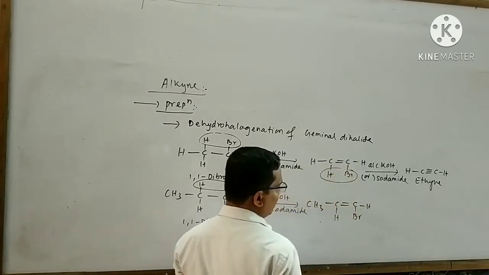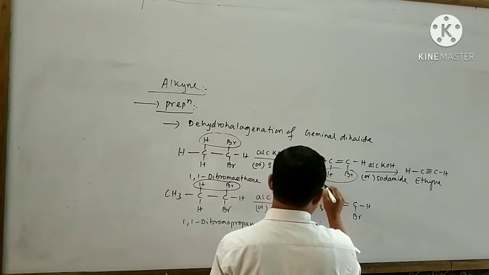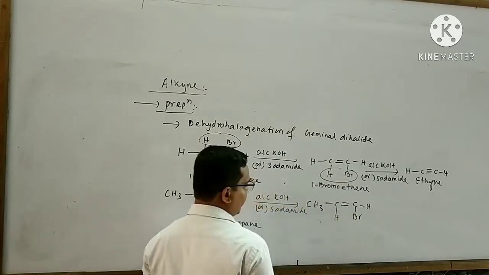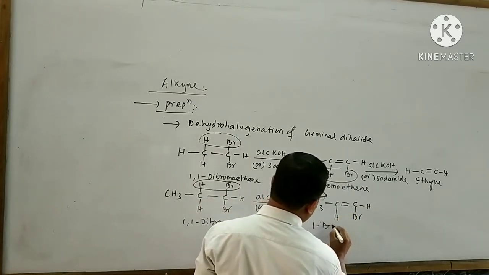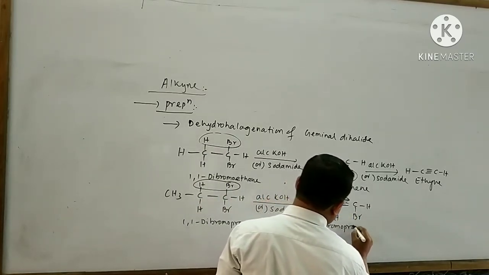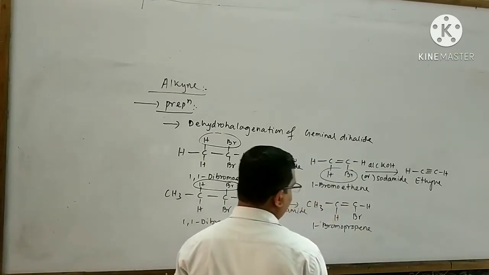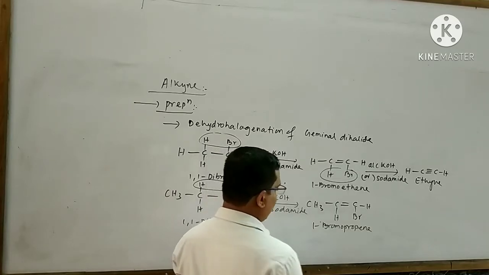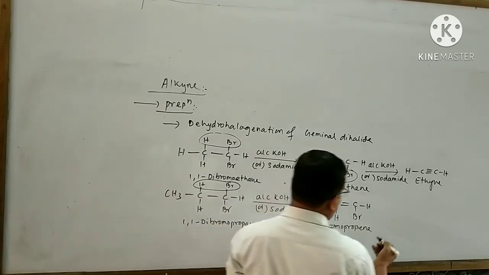The name of this product is said to be 1-bromoethene. The name of this product is said to be 1-bromopropene. Again, when I will give alcoholic KOH or soda amide to this compound, then what will happen?